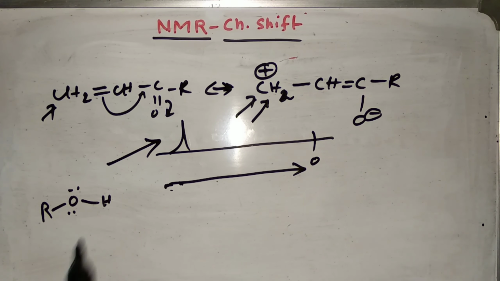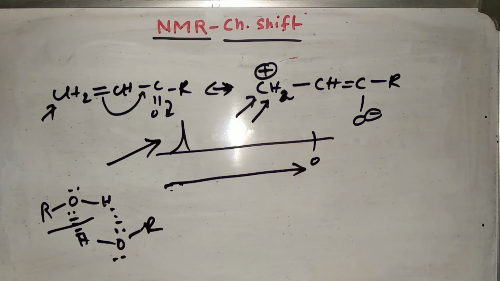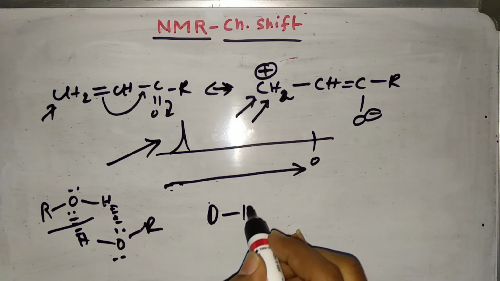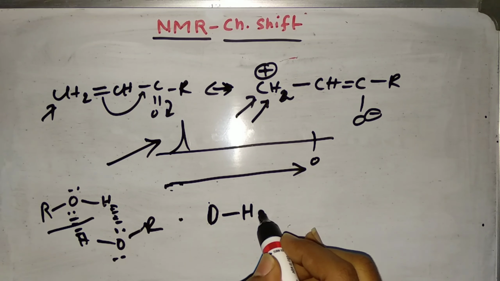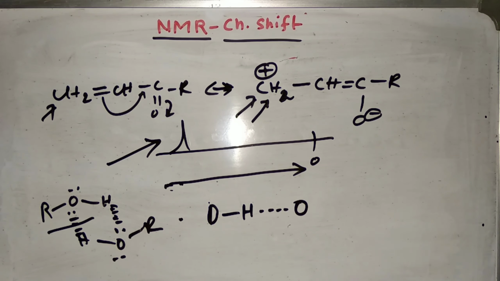But in a concentrated solution, hydrogen bonding like this may occur. What is the condition of hydrogen bonding? One electronegative atom attached with hydrogen, and this hydrogen attached with another electronegative atom. This is not a bond, this is just an interaction.